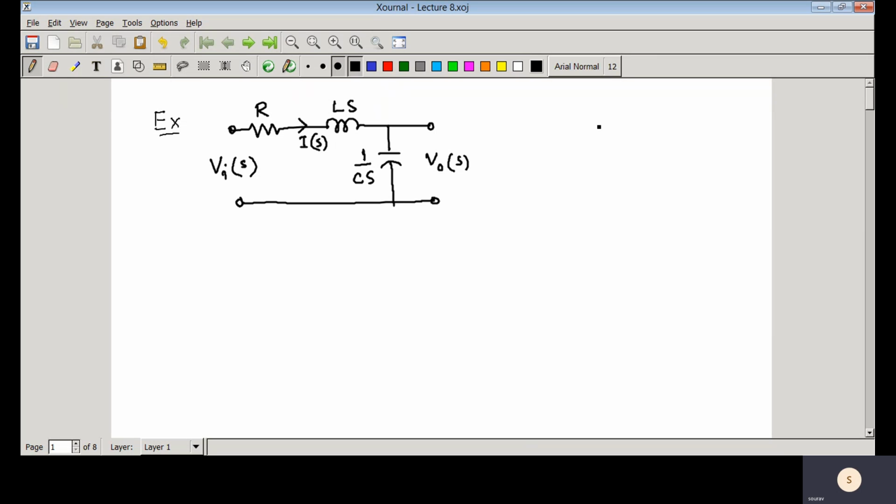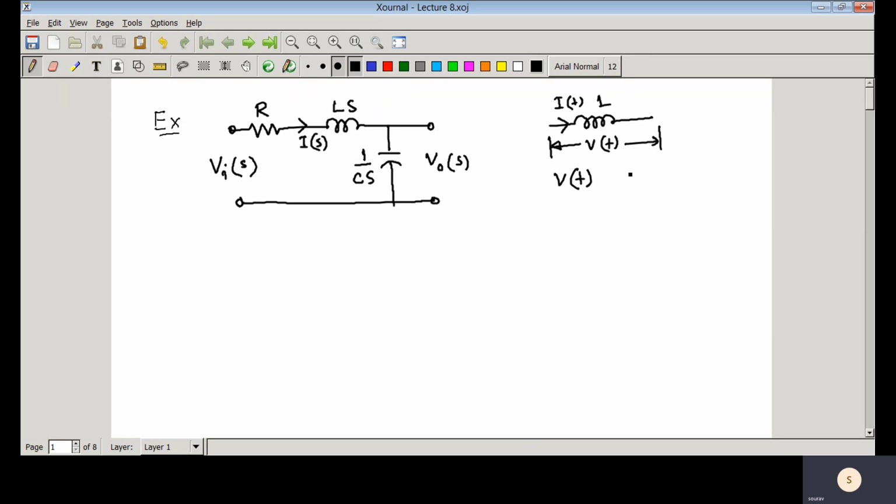I think you know that if you have one inductor, the current flowing through this inductor is i(t), and you have applied the voltage v(t) across this inductor, say L is the inductance.